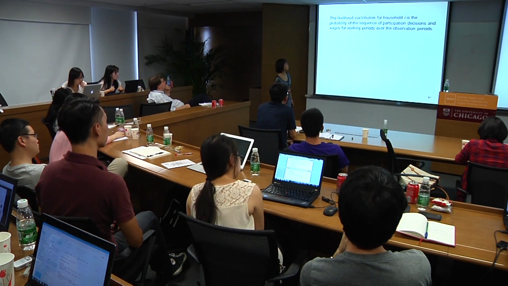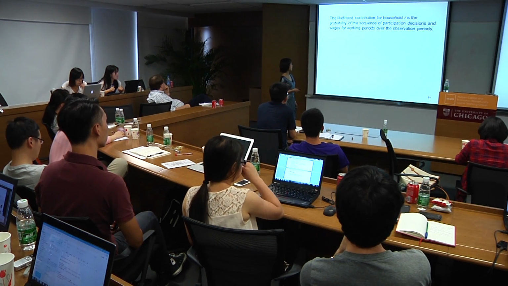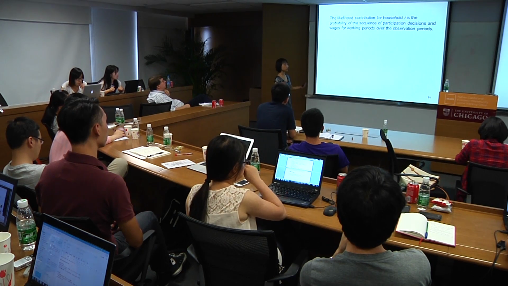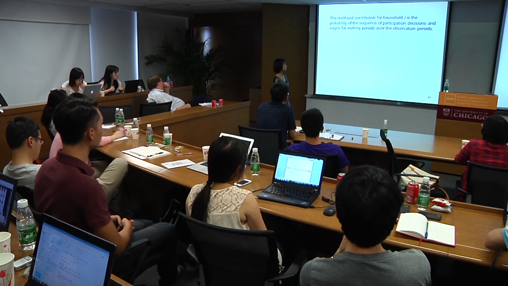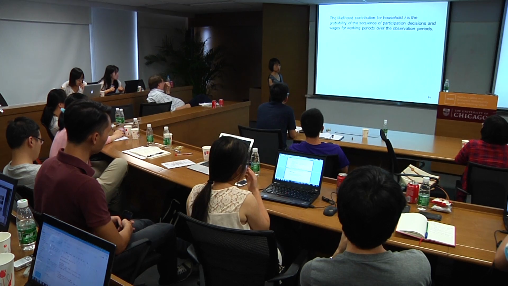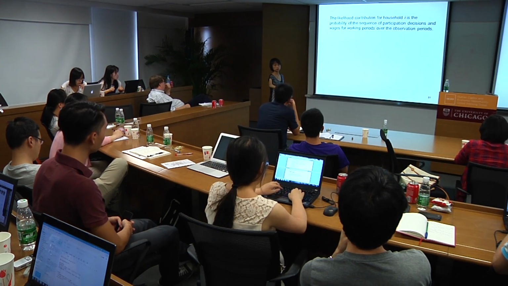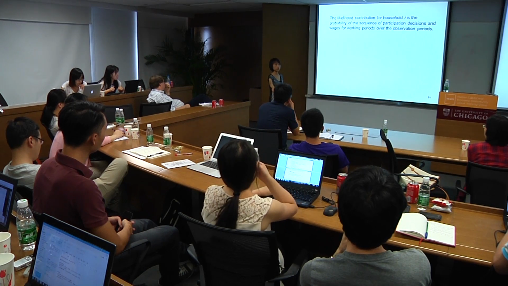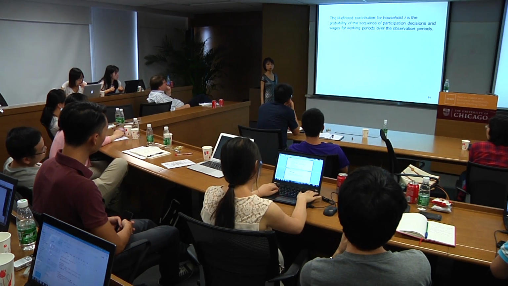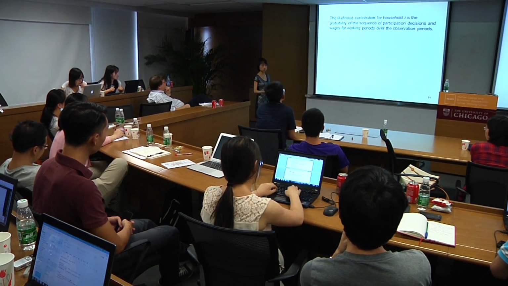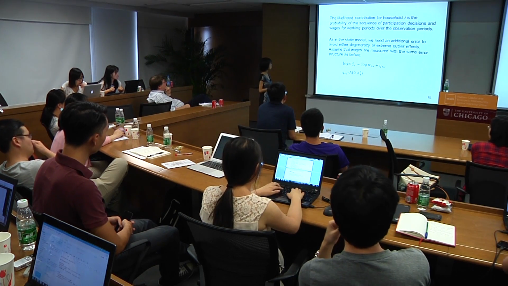So the likelihood contribution for household i is the probability of the sequence of participation decisions and wages of working periods over all the observed periods, from 50 to 58, if those 9 years are the total period you can observe for that household.